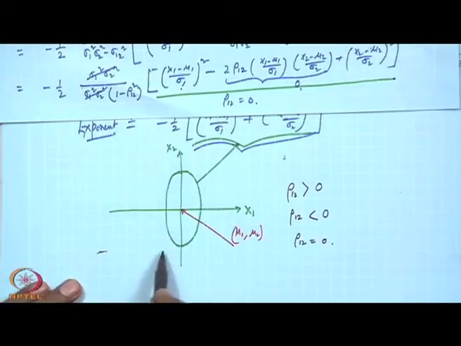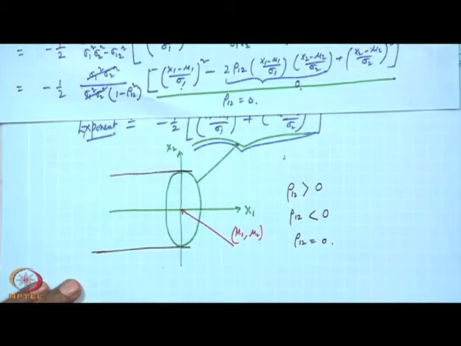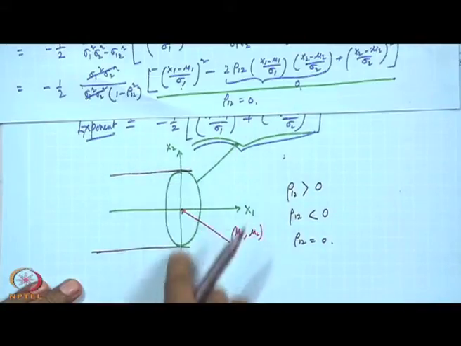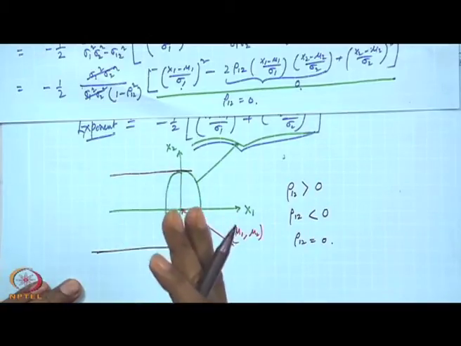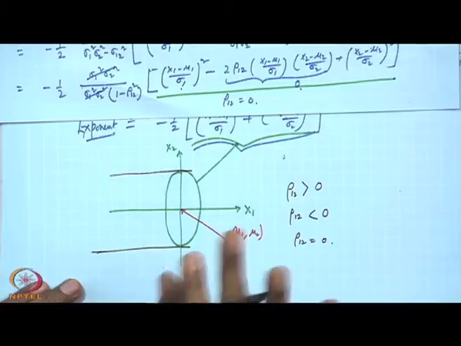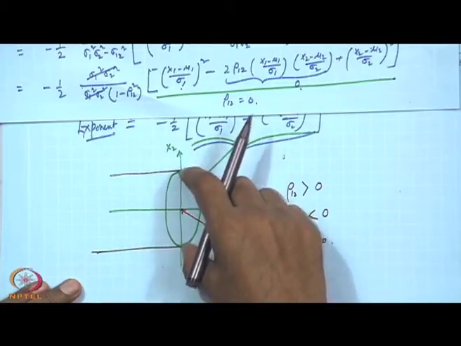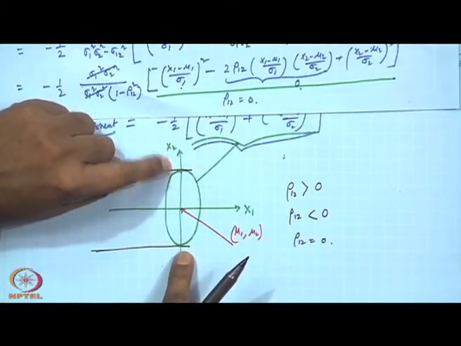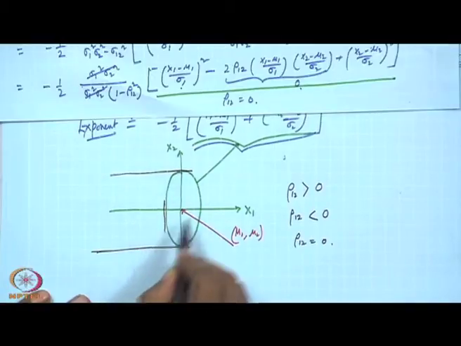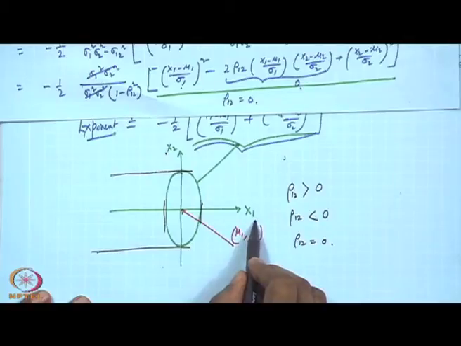The reason is the variability along x 2 is more. They are independent, that is why the major and minor axes of the ellipse go along the original x 1 and x 2 axes, and the major axis lies along the x 2 axis because the variability along x 2 is more and the variability along x 1 is less.